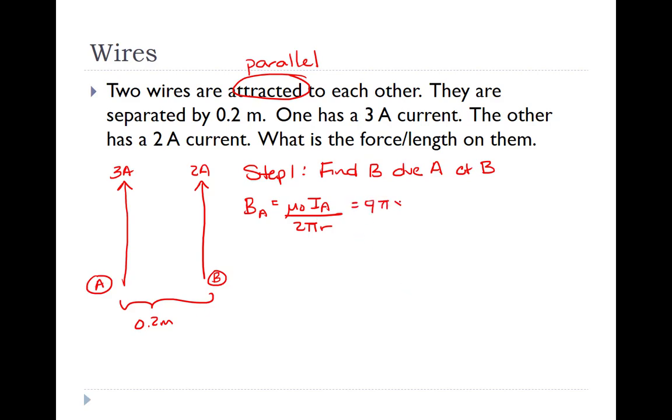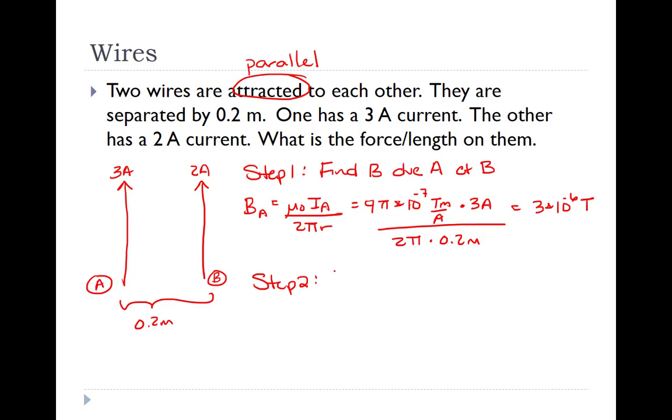That's 4 pi times 10 to the minus 7 Tesla meters per amp times 3 amps divided by 2 pi times 0.2 meters. And this works out to be 3 times 10 to the minus 6 Tesla.